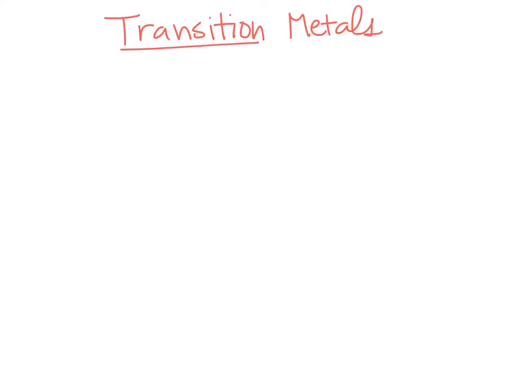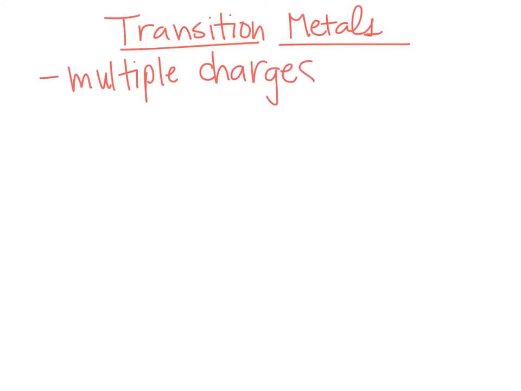Now let's talk about your ionic compounds that will contain transition metals. The majority of your transition metals have what we call multiple charges. So for an example, copper can have 2 possible charges.